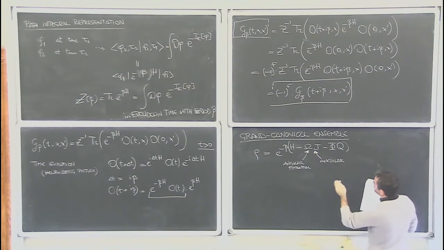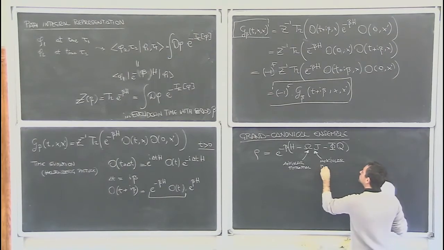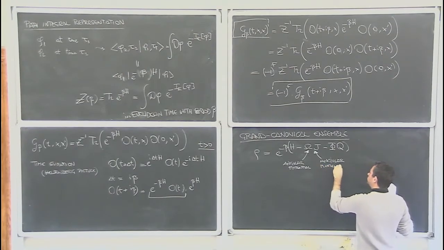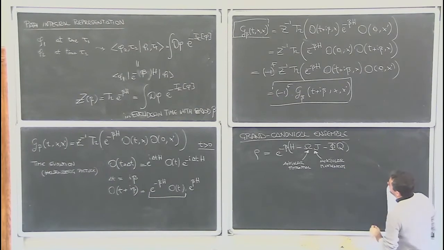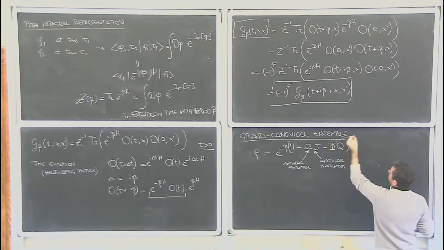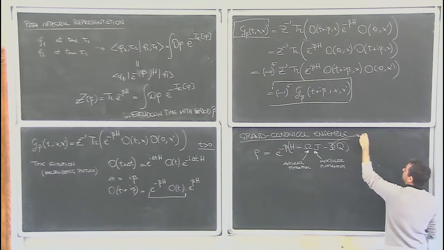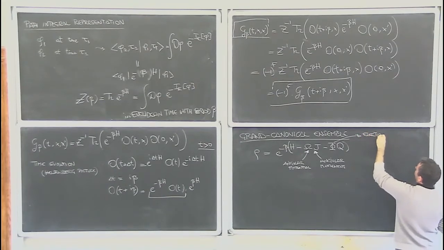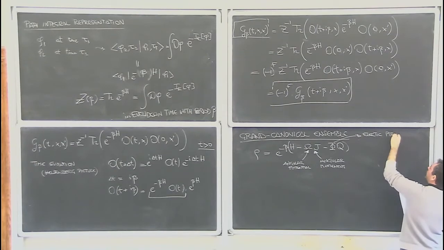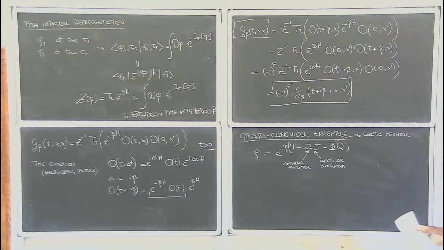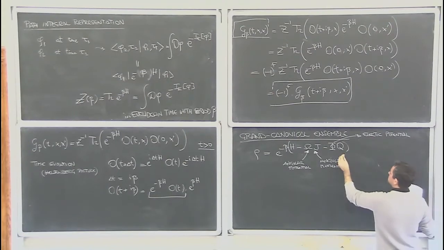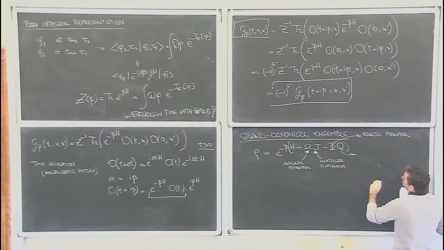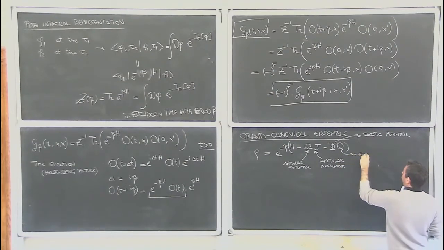We can introduce this, and we can also introduce the electrostatic potential, capital Phi. Let me call it just electric potential. Everything here is static, or at least there is no time evolution, so it's a constant. And Q is the electric charge.